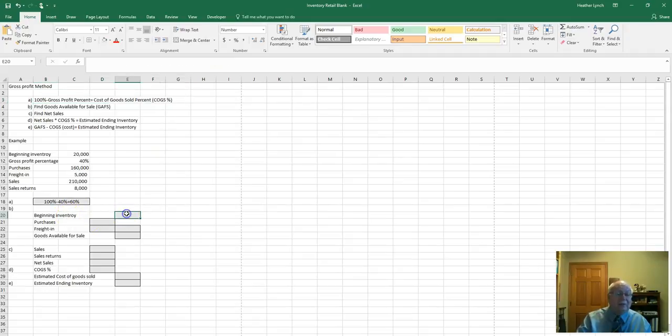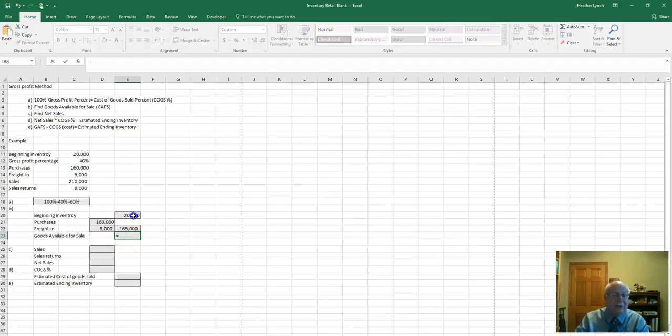Then we just simply have beginning inventory of 20,000. Our purchases, again, you want to use net purchases, but that was 160. Freight in was 5,000. So that gives us 160 plus the 5,000, or 165,000.